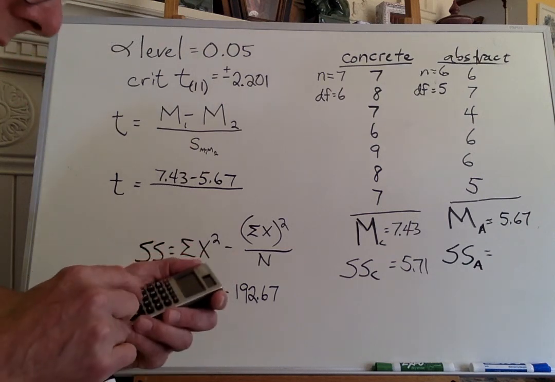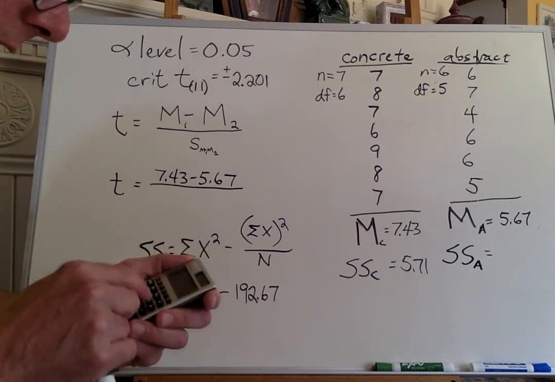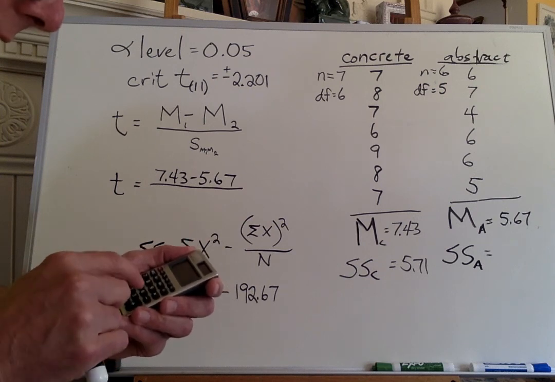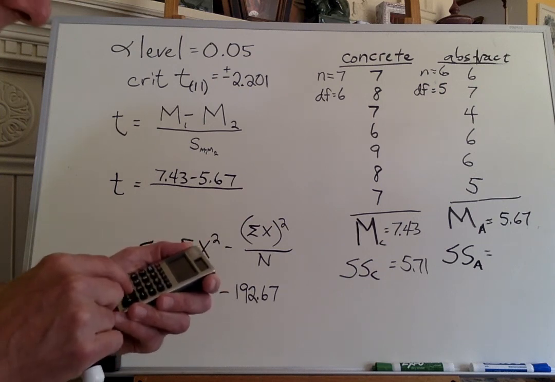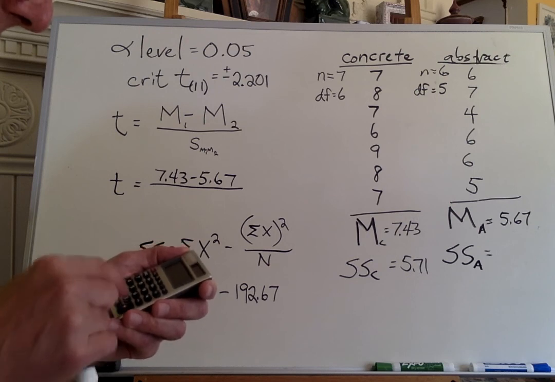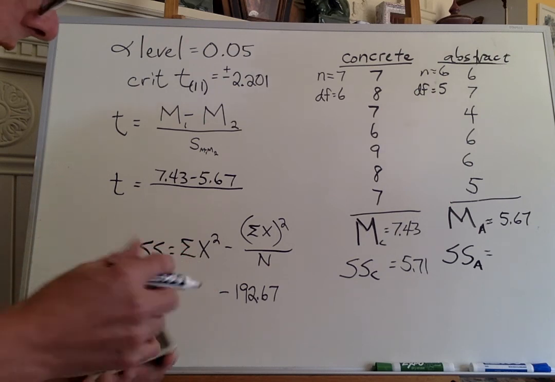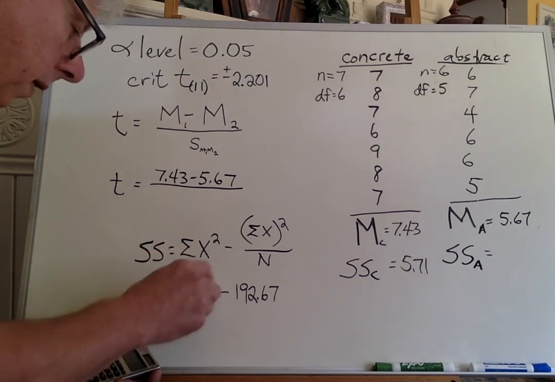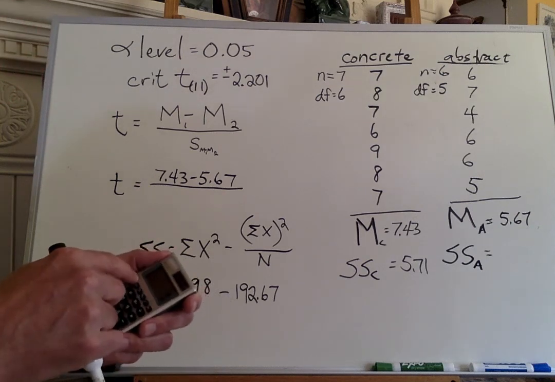Then I'm going to do this. 36 plus 49 plus 16 plus 36 plus 36 plus 25 equals 198. Okay? I'm just going to double check that.